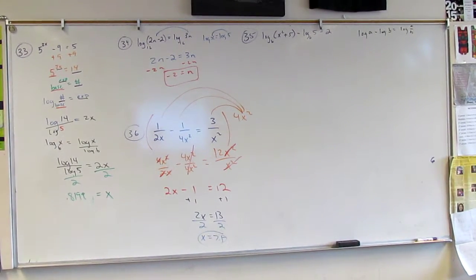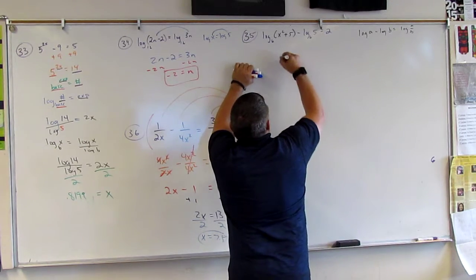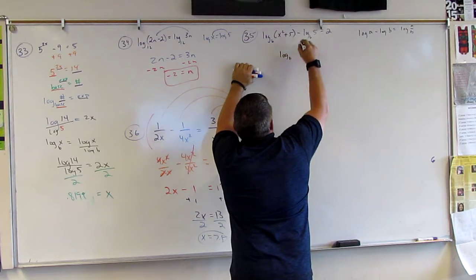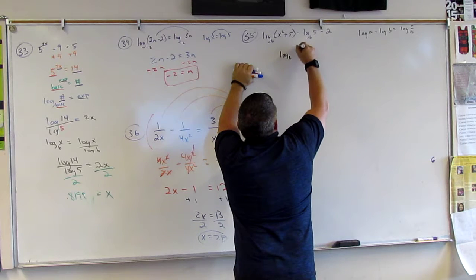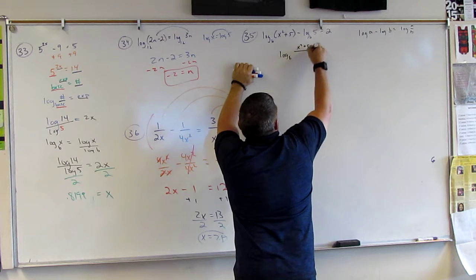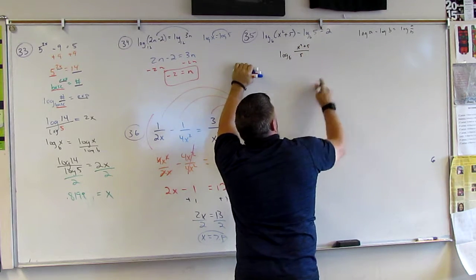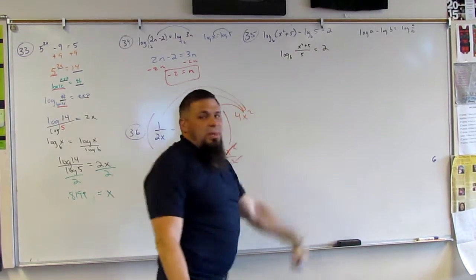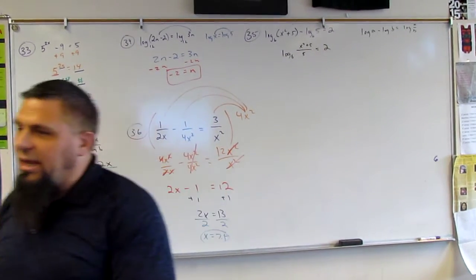When we add, we multiply. So all that means is we have the log base 6 of x squared plus 5 divided by 5 is equal to 2. So we just put it all together.